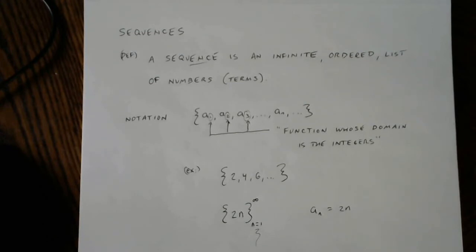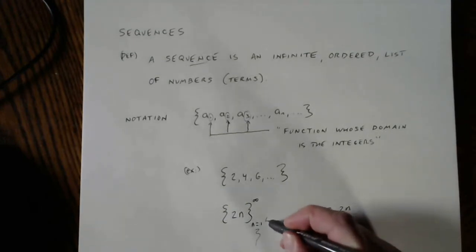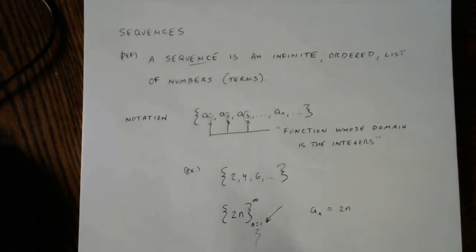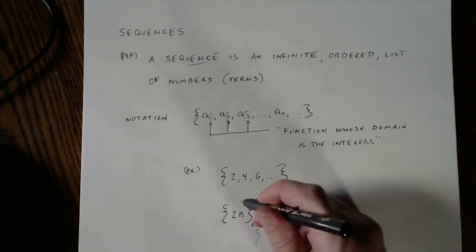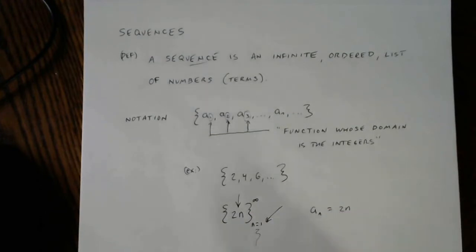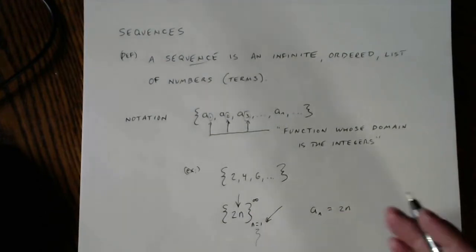So sometimes you have to make assumptions. But when I give you things or the book gives you things, we try to be as explicit as possible. So again, there's an index, which is a count. It's a counter. It doesn't have to start at 1. It oftentimes does. And the individual terms are essentially a function of that counter.